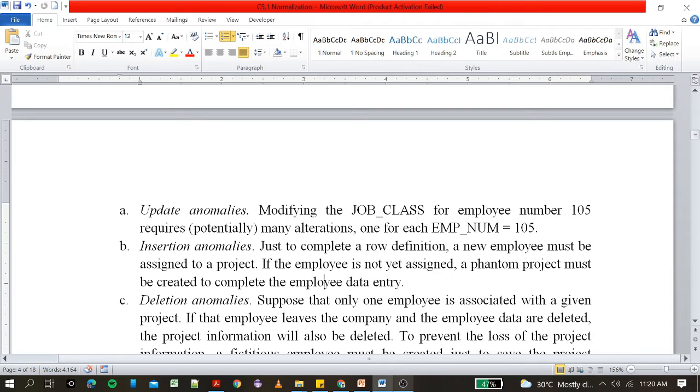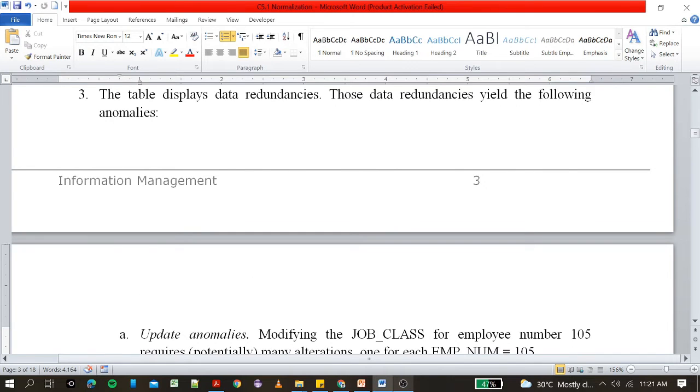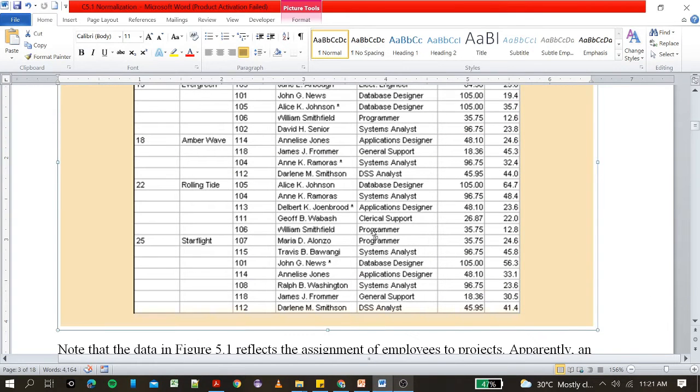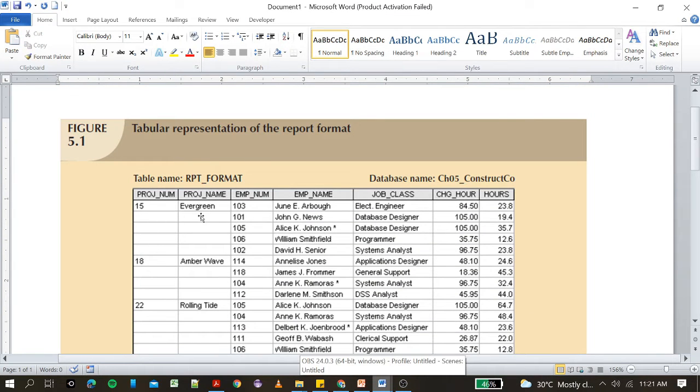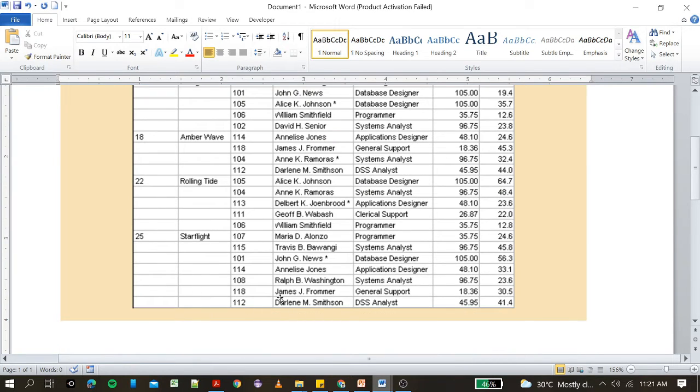So, sa insertion naman, kapag mag-a-add tayo ng panibagong employee, at yung employee ay hindi pa naka-assign sa isang project, so, anong i-input natin na data dito sa ating project number at project name? Wala. So ibig sabihin magkakaroon ng phantom, yung create mo lang muna.